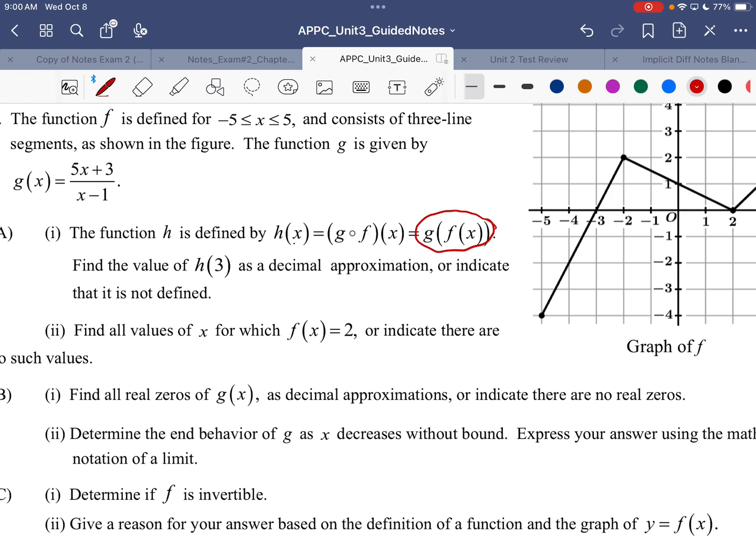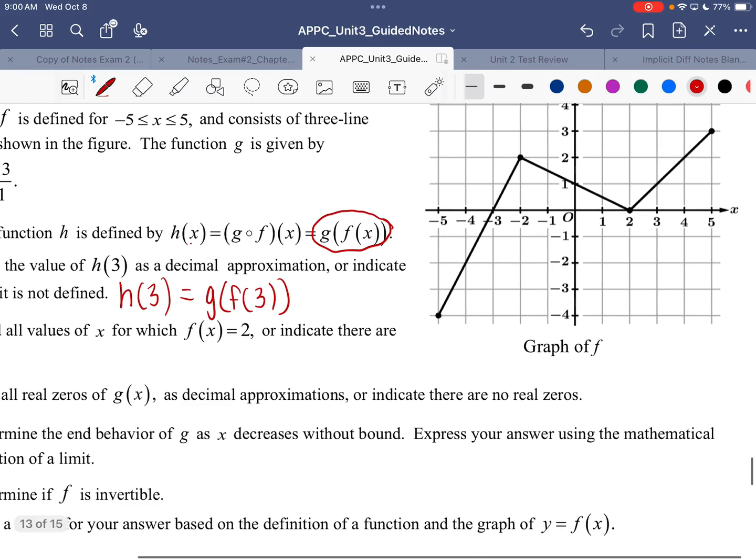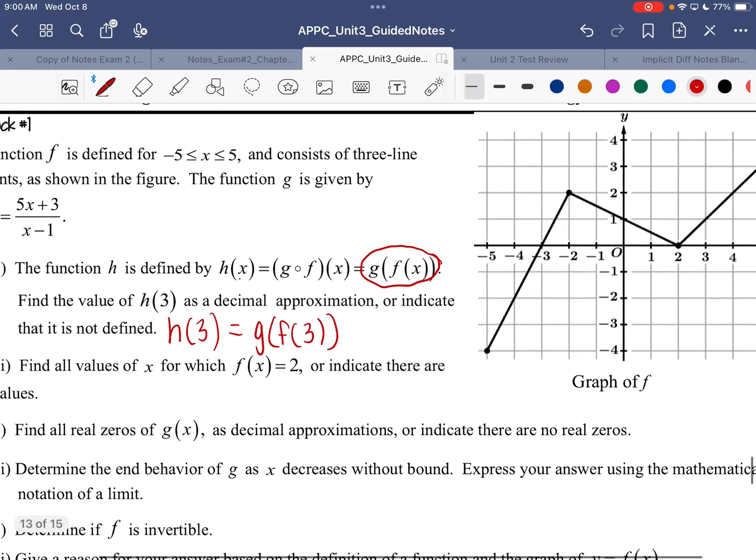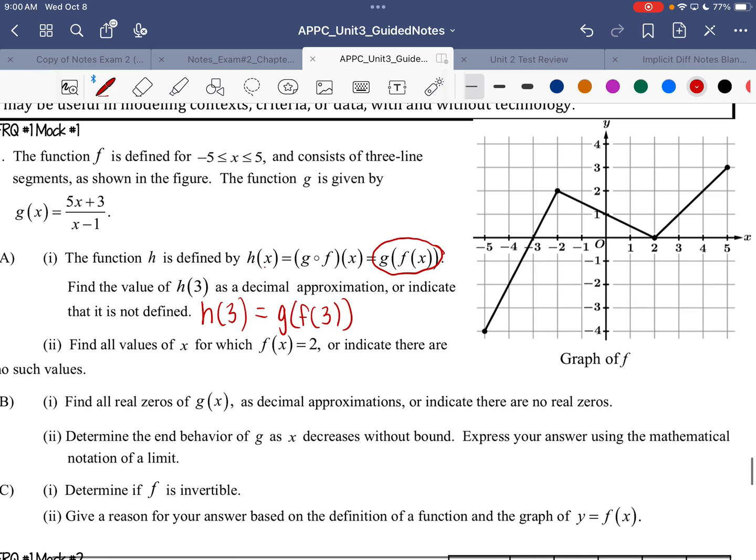H of x is some new function, so plug in 3 into that definition, and you have g at f at 3. So what thing do you think you're going to substitute into first? F of 3. So you're taking 3 and substituting it into f first.